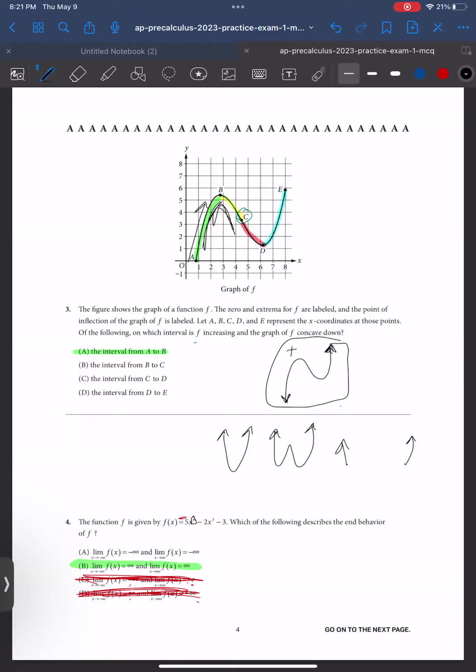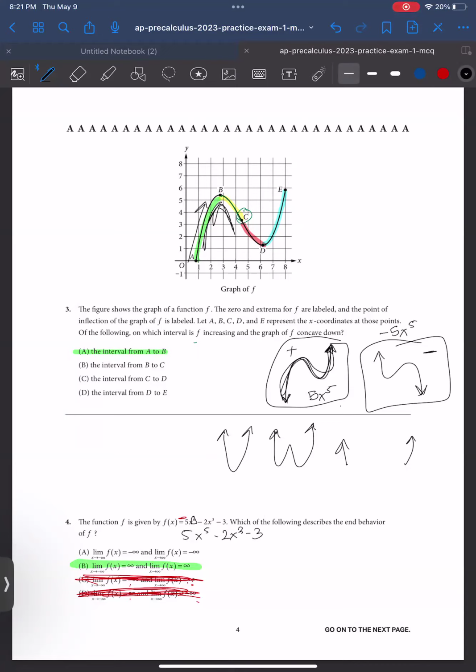If I had this exact same function, but with 5x to the fifth minus 2x cubed minus 3, it would be in this direction. If it is negative, it's in this direction. So it would have to be a negative 5x to the fifth, and then this one would be a positive 5x to the fifth. So it would be opposites. Basically, it would start at negative infinity and go to positive infinity for a positive leading term, and for a negative, it would be positive infinity to negative infinity.